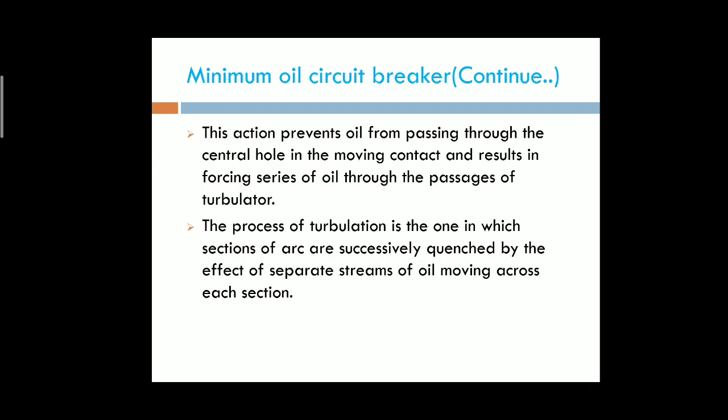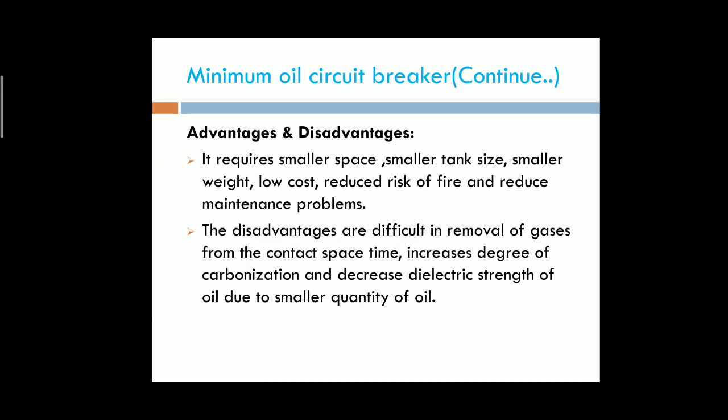This action prevents the oil from passing through the central hole of the moving contact, forcing a series of oil jets through the passages of the turbulator. By using this turbulator, the arc is successfully quenched by the effect of the supporting steam.